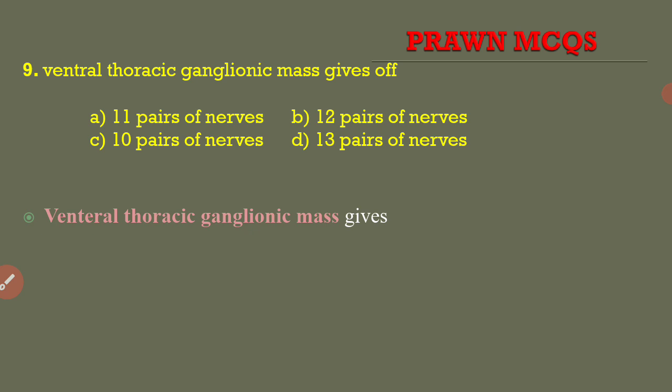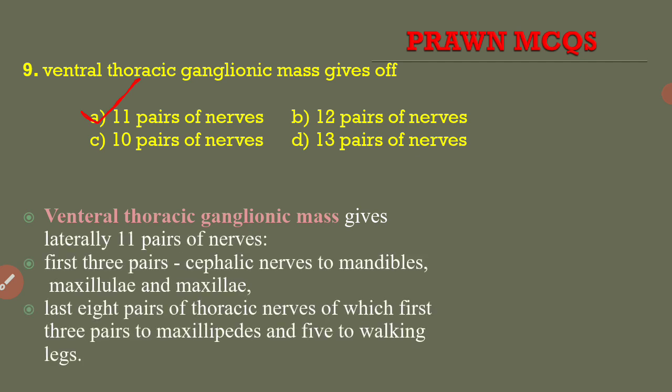So how many pairs of nerves can innervate from this ventral thoracic ganglionic mass? A, 11 pairs of nerves, B, 12 pairs, C, 10 pairs, and D, 13 pairs. So 11 pairs of nerves arise from ventral thoracic ganglionic mass of the prawn.